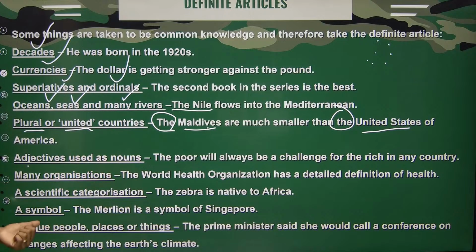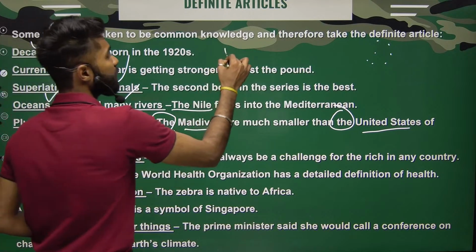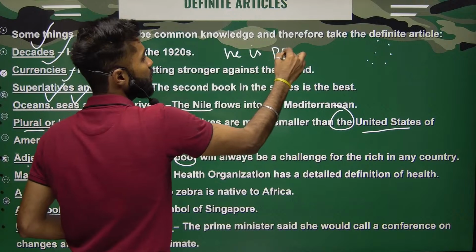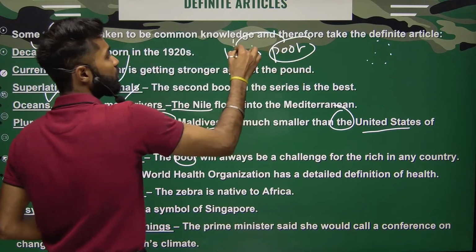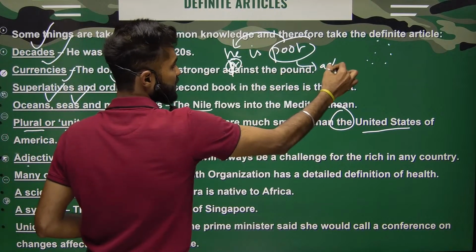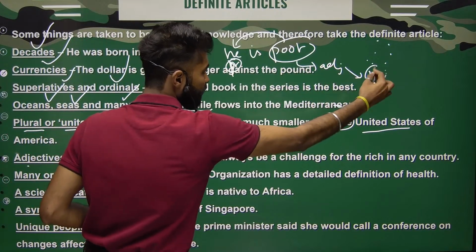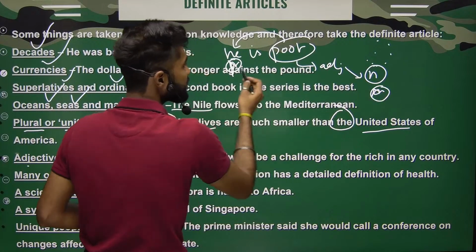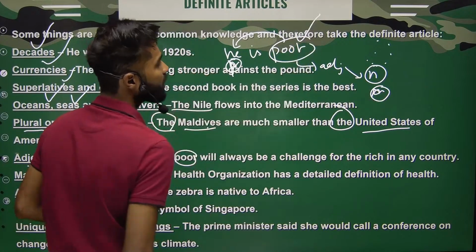Adjectives used as nouns. Poor, for example. If I say "poor people", this poor is modifying my noun, so I call it an adjective, because an adjective always modifies a noun or pronoun.